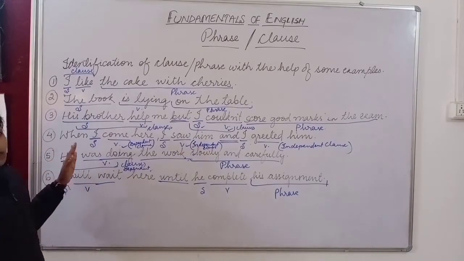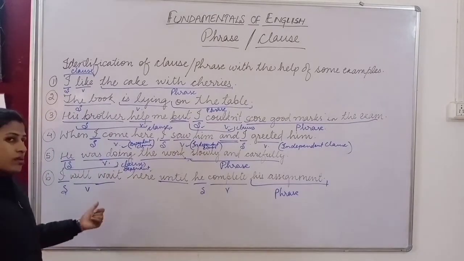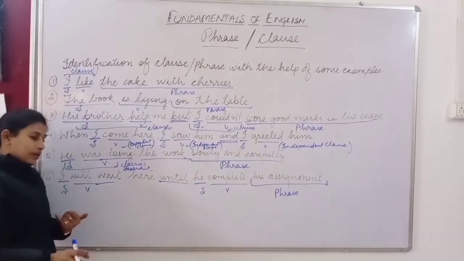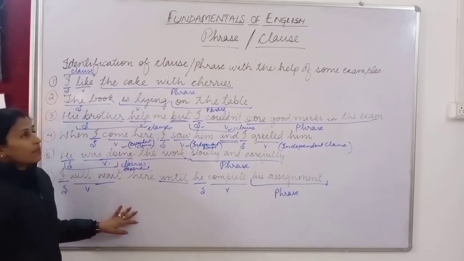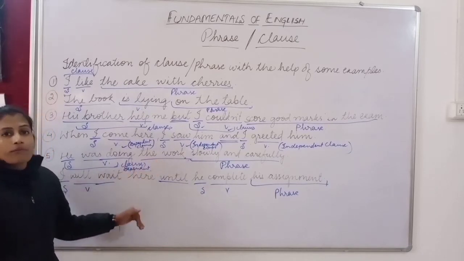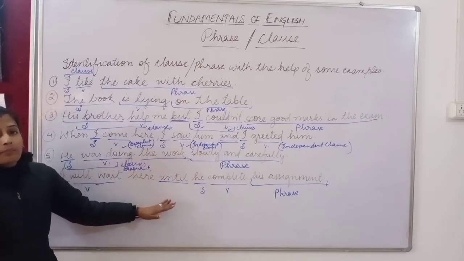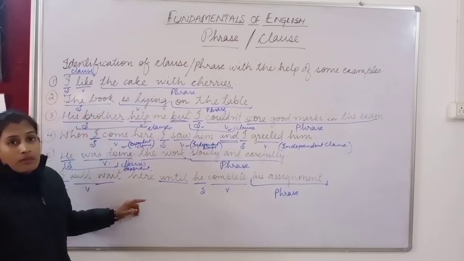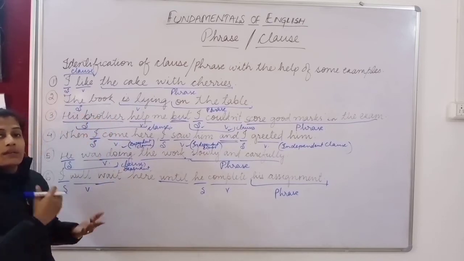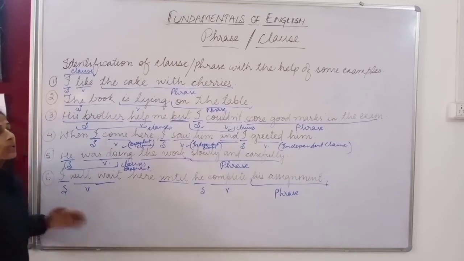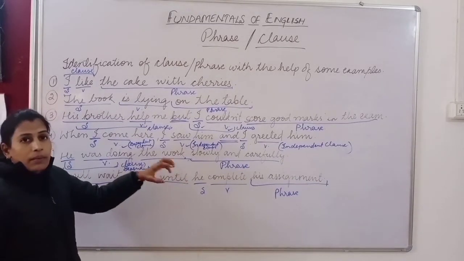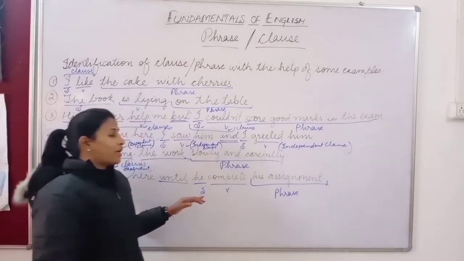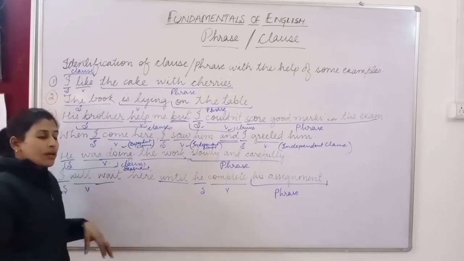Simply, what is a clause? A clause is also a group of words. It conveys the meaning. It has a combination of subject and verb. A clause always contains a combination of verb and subject. Either it can give a complete sense or it cannot. It depends on the context in which it is used.